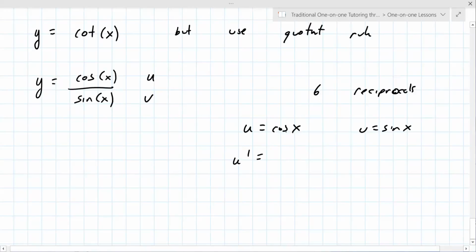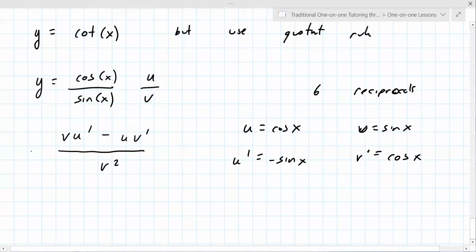U prime, the derivative of cosine, is minus sine x. Very important to remember that negative. It's often forgotten. Derivative of sine is cosine. So v u prime minus u v prime over v squared. I like to write the formula every time.